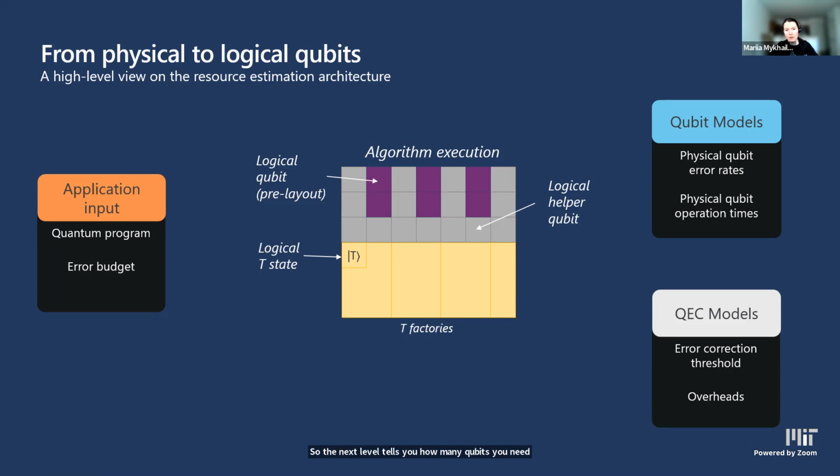Then the next level in adds the requirements from the T-factories, and the next level in adds requirements from error correction. So that in the end, you are going to end up with a number of qubits that is several orders of magnitude bigger than the number of qubits you actually allocated in your program.